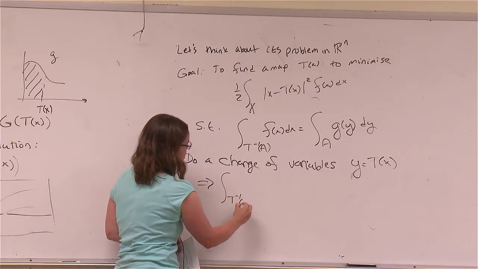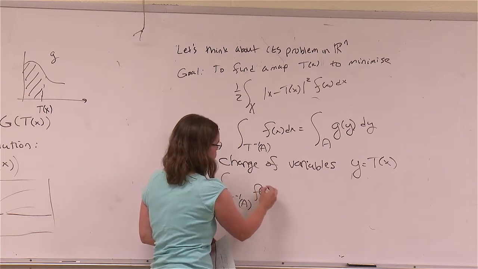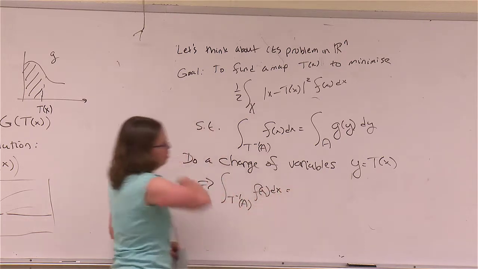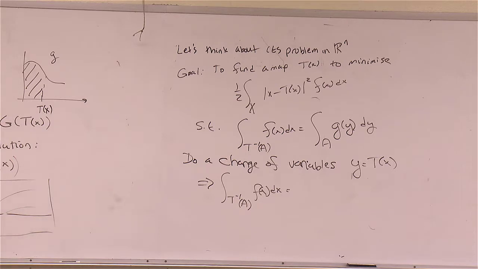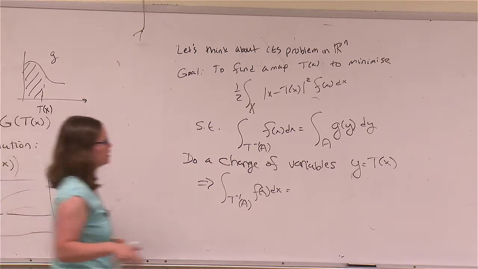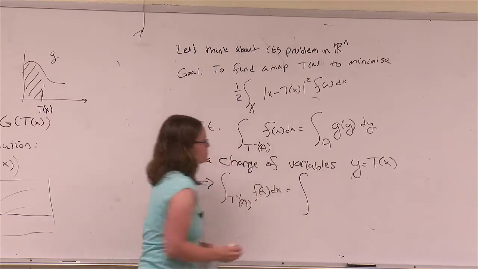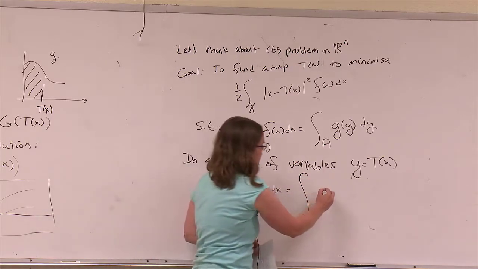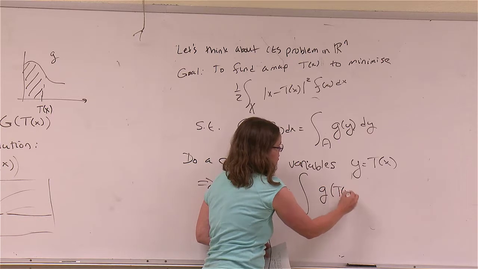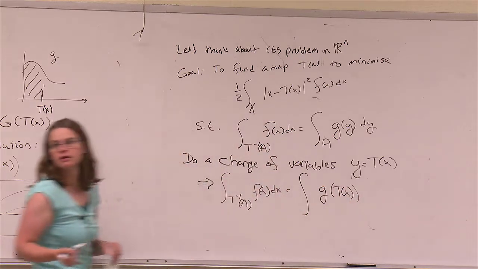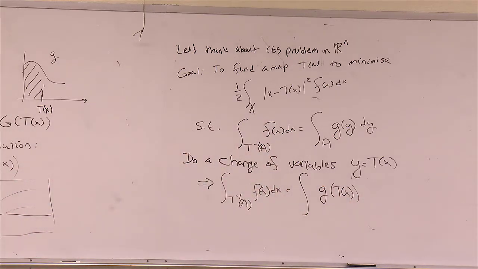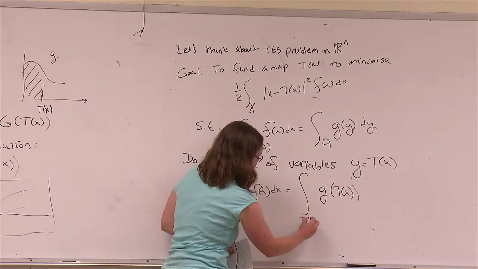This guy stays the same. Now I want to have g of T of x. Now what else goes here? Okay, we're integrating over T inverse of A now, so that's good. We've got the same limits, which is nice.